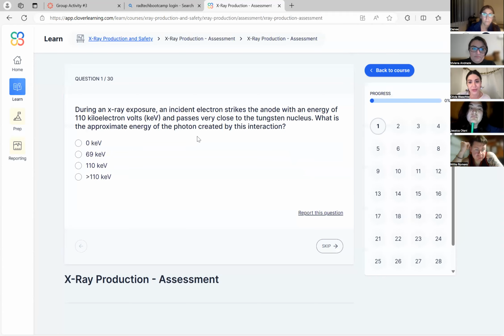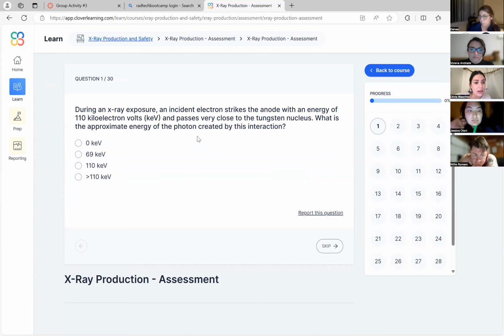Okay, so for the first question, I will just start. During an X-ray exposure, an incident electron strikes the anode with an energy of 110 keV and passes very close to the tungsten nucleus.